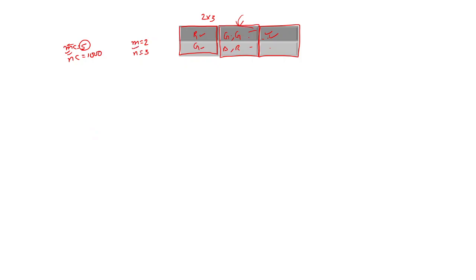So I'll take this example of m equal to 2 and n equal to 3, and let's understand this. As I have told you, we are going to do it column wise. We'll take this column, and we will generate a string of length m, and this will generate multiple strings of different types.